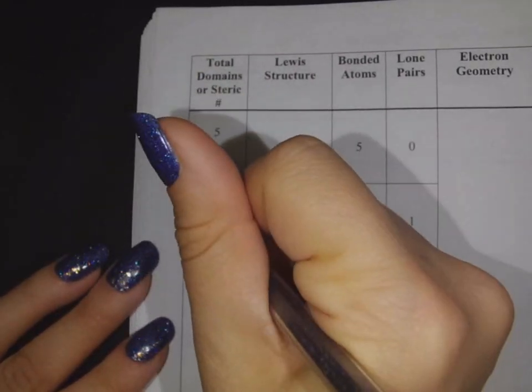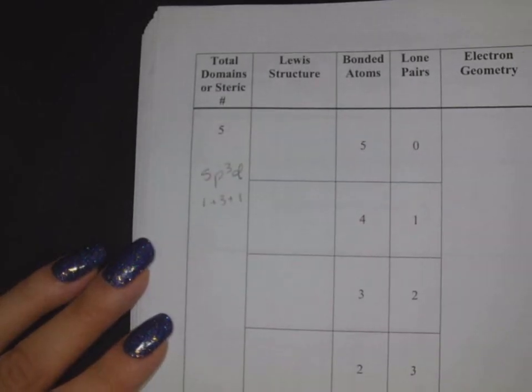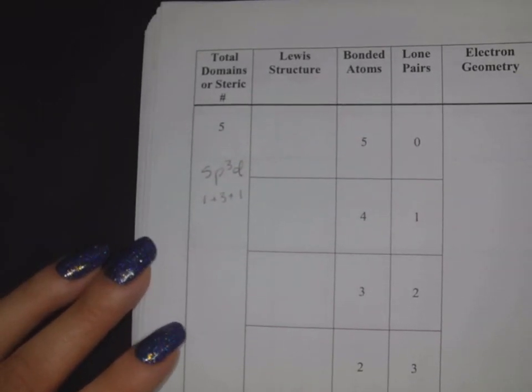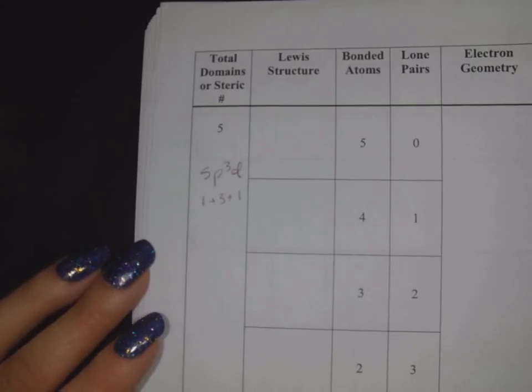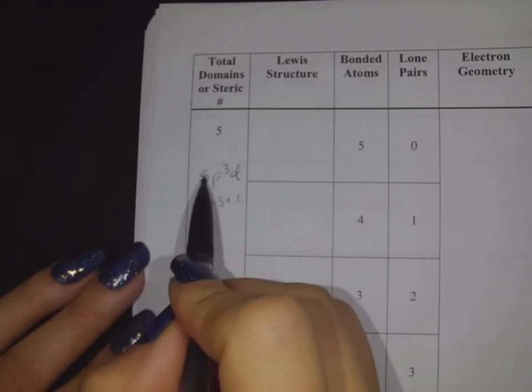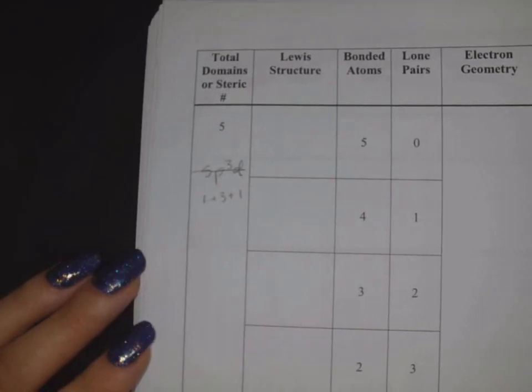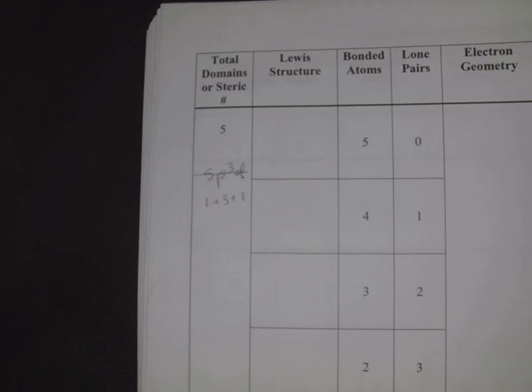One of the orbitals used to be an s, 3 of them used to be a p, and 1 of them used to be a d, for a total of 5, steric number of 5. Recently, I'd say the last couple of years, we have done some experimentation that's disproven this. And so it is not hybridization of sp3d, but as often occurs in science, when we find that's not the case, we're still working on hypotheses and evidence of what is currently going on.